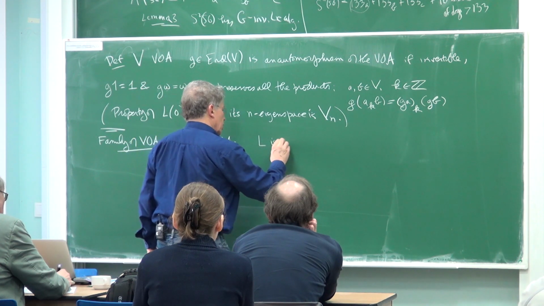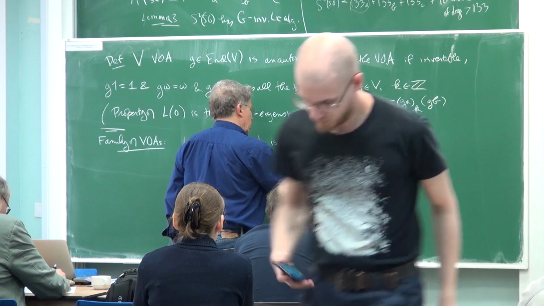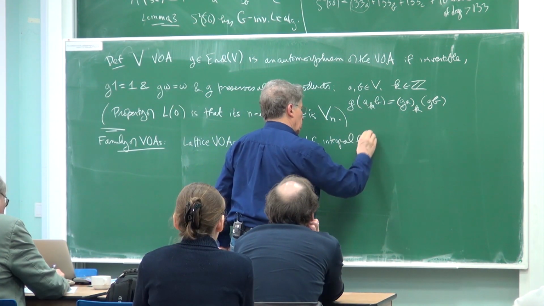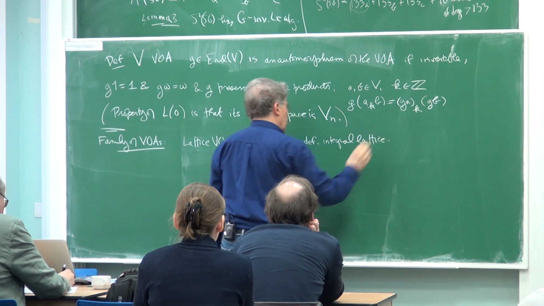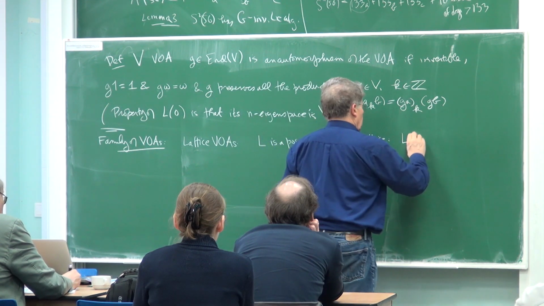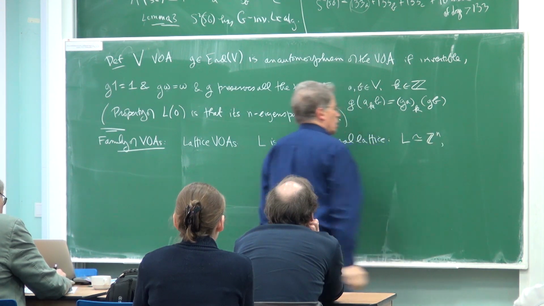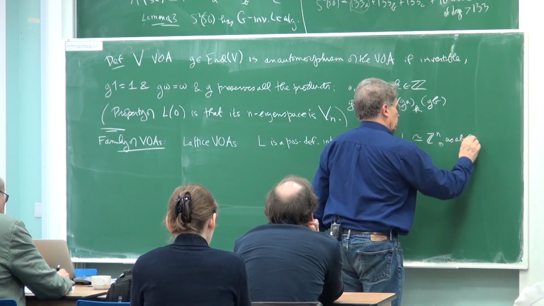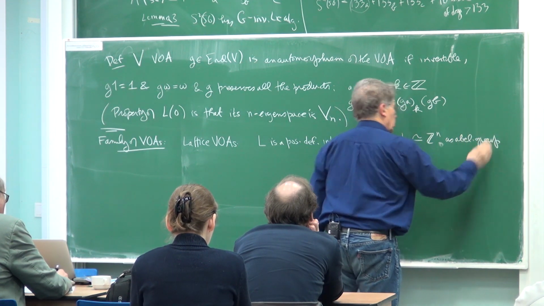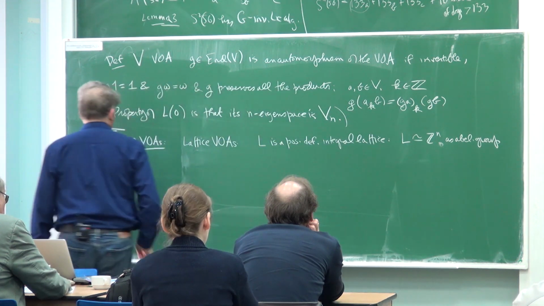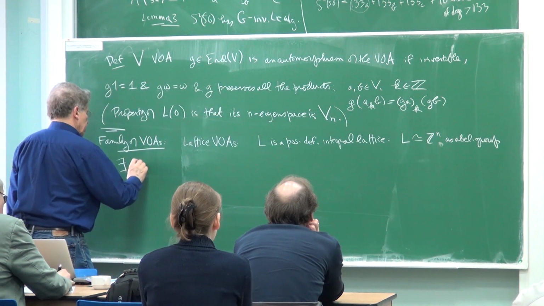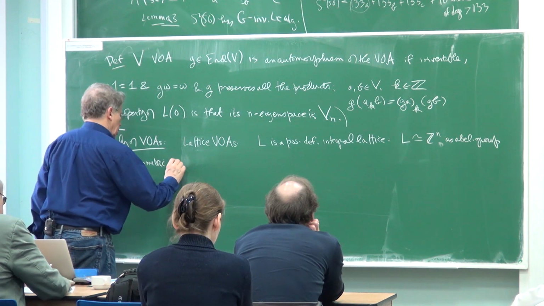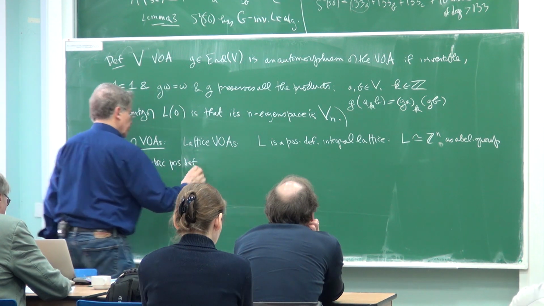Suppose L is a positive definite integral lattice. Okay, now what that means is L looks like Z to the n as an abelian group, and there exists a symmetric positive definite bilinear form.